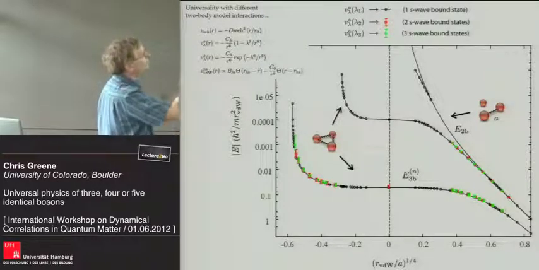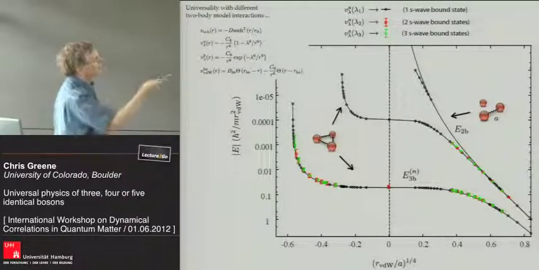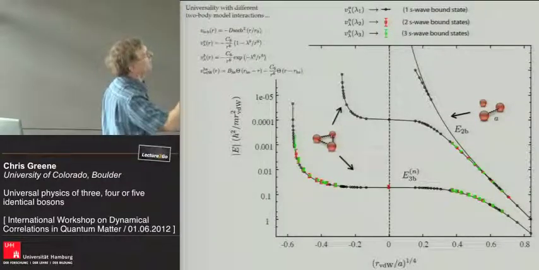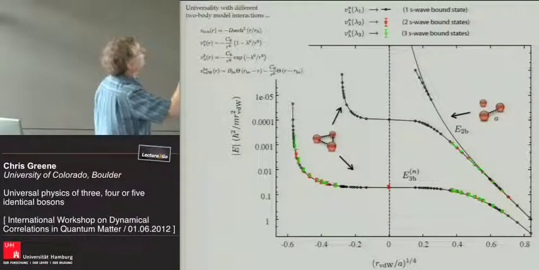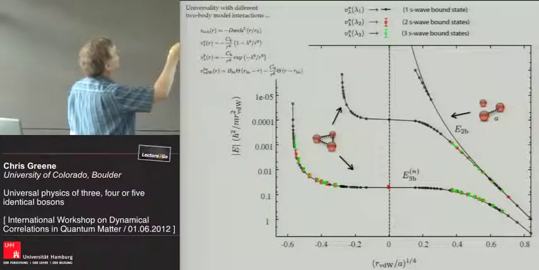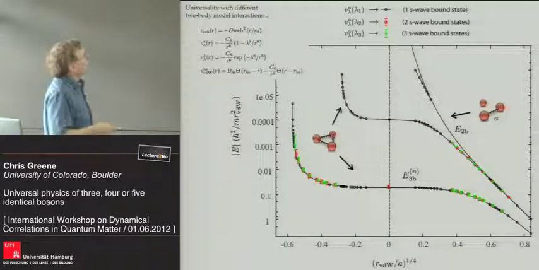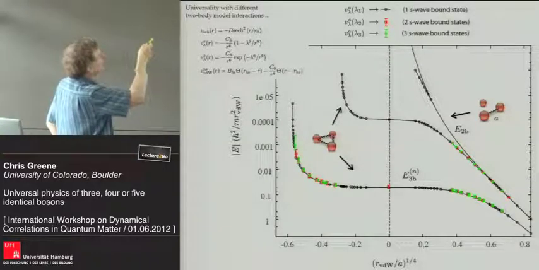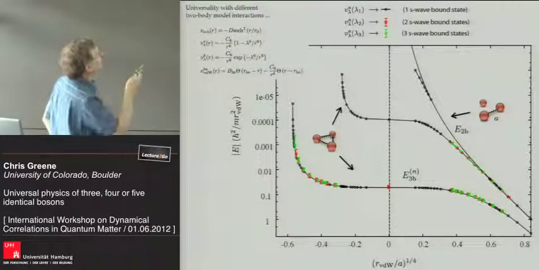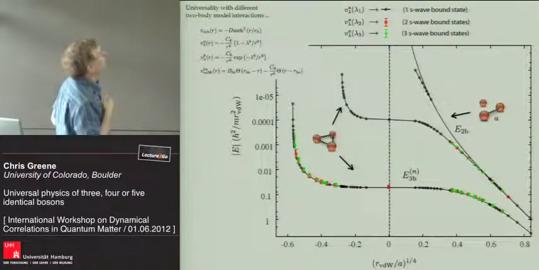So the black circles connected by the solid black lines are with this potential, VA here, which is standard Lennard-Jones. It's written a little differently maybe than you usually see it, but it's basically a Lennard-Jones potential.